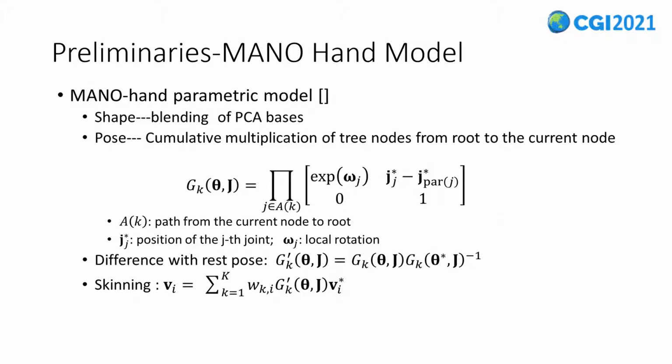In our setting, we neglect hand shape and only reconstruct the pose using MANO. Particularly, denote their rest pose counterparts by J star.